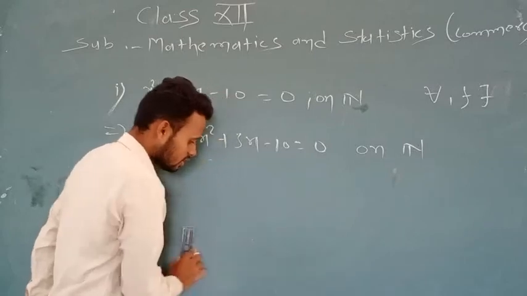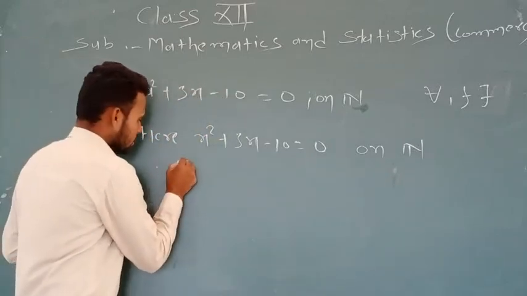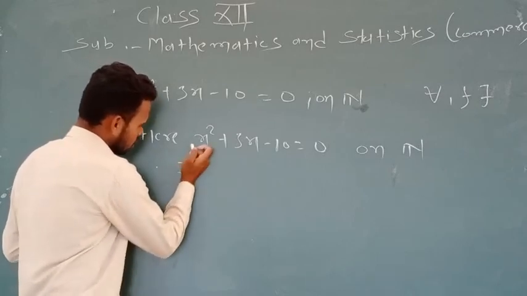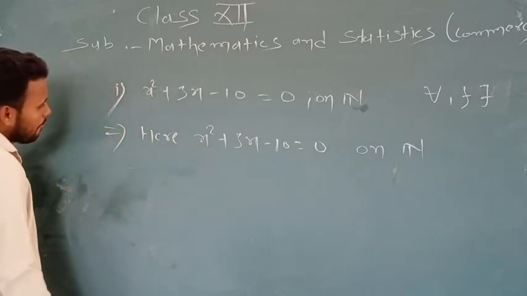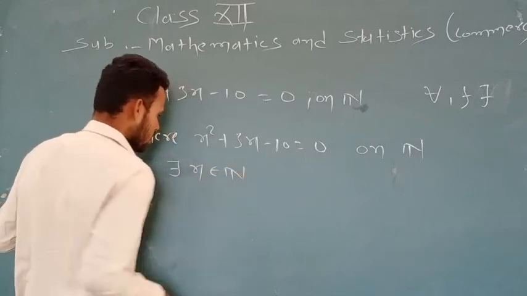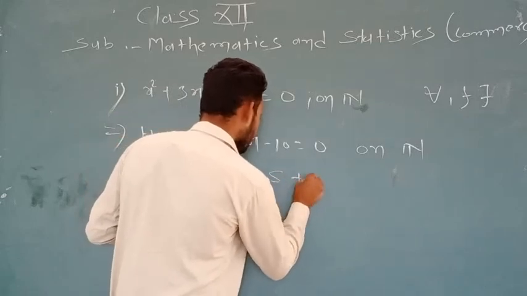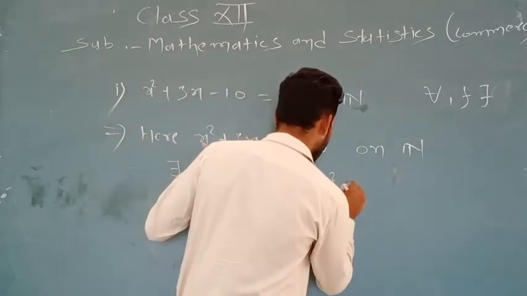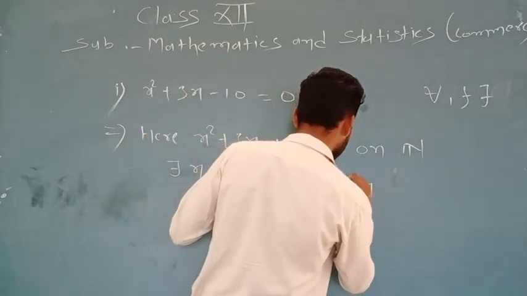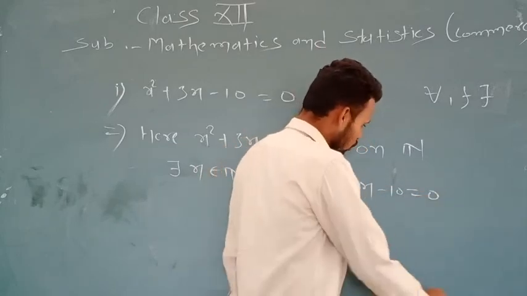Therefore there exists x belongs to the natural number such that x square plus 3x minus 10 is equal to 0. It is a true statement.